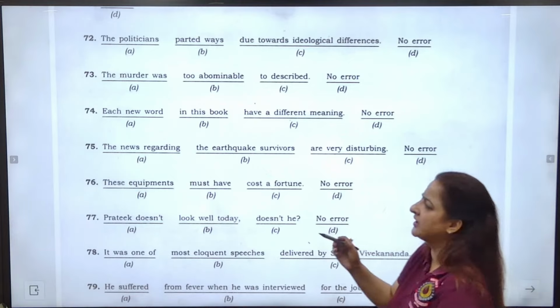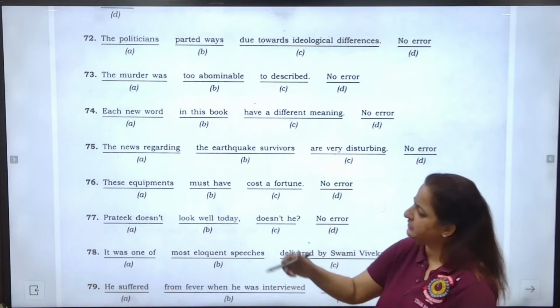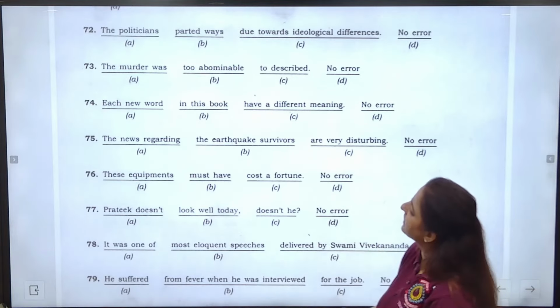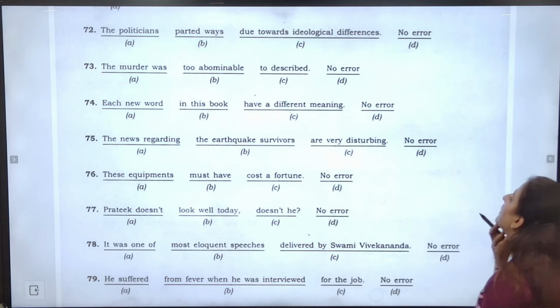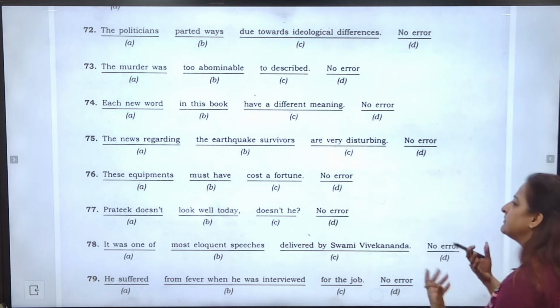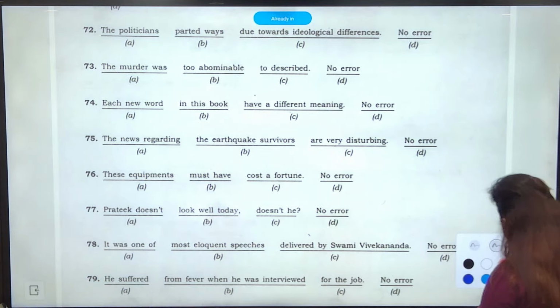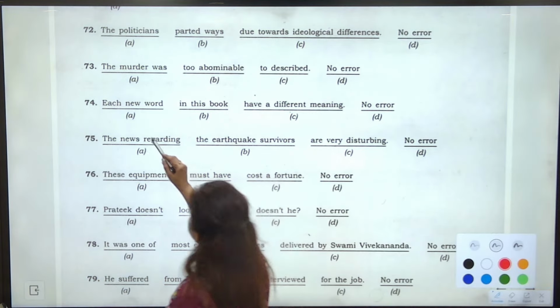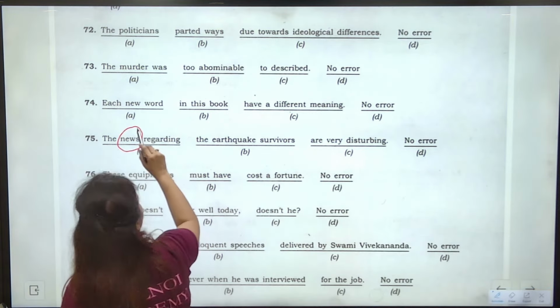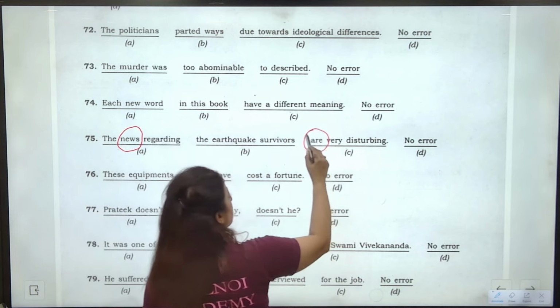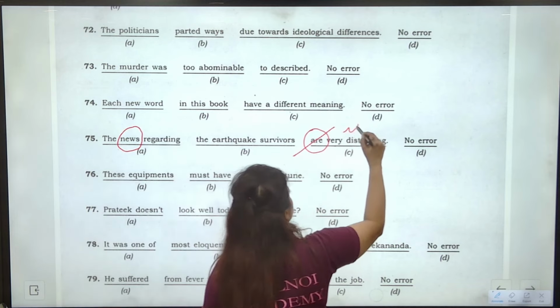Repeated things are there in paper. कॉन्सेप्ट क्लियर होना चाहिए, वो कभी भी आता है, कैसे भी फिलअप्स में, एरर्स में. तो Question 75, the news regarding the earthquake survivors. Again subject verb agreement, maximum errors subject verb agreement से ही आ रहे हैं, क्योंकि ये न्यूज की बात हो रही है. न्यूज के बाद आर कहते हैं? नहीं, इज कहते हैं.